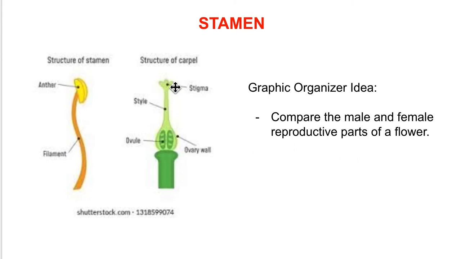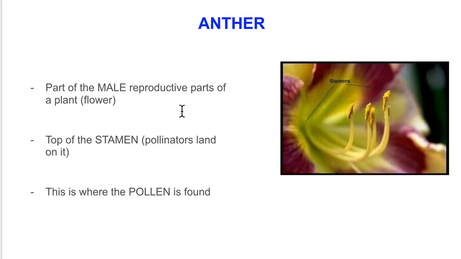So here's the female part. This is that pistil with the stigma and the ovary. Well, here is that male part, the stamen. And this is where that pollen is going to be right here. There's usually more of these. There's usually one female part and then a whole bunch of male parts on the flower.